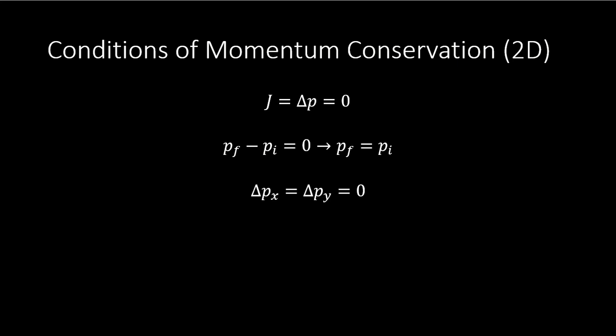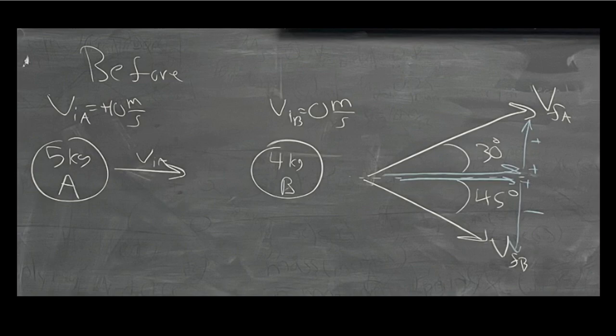And since this is a two-dimensional collision, essentially what must be true is that the change in momentum on the x-axis as well as along the y-axis must both add up to 0. As an example, let's say right before a collision happens, there is a 5 kilogram mass labeled A moving directly to the right at an initial velocity of positive 10 meters per second.